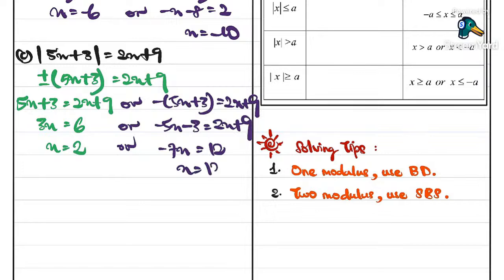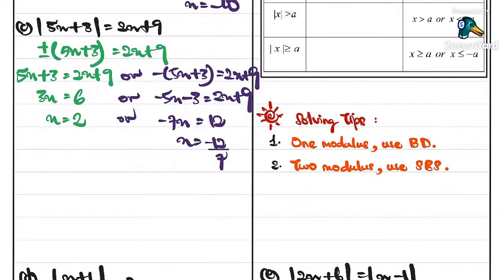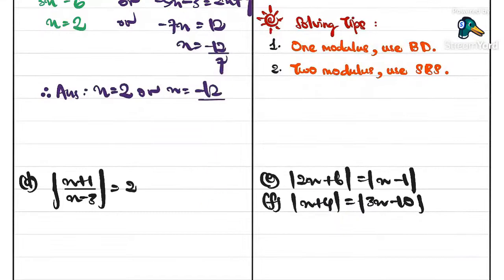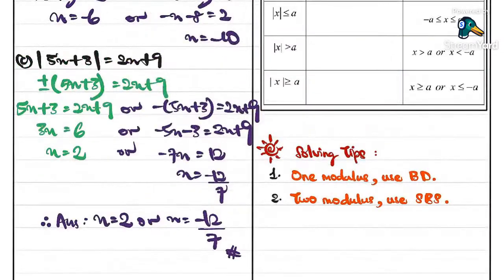Therefore x is equals to negative 12 over 7. So basically we have two kind of answers. I would like to remind you our answer should have two answers. Either x is equals to 2 or x equals to negative 12 over 7. So please make sure you write down a very clear answers there, okay?